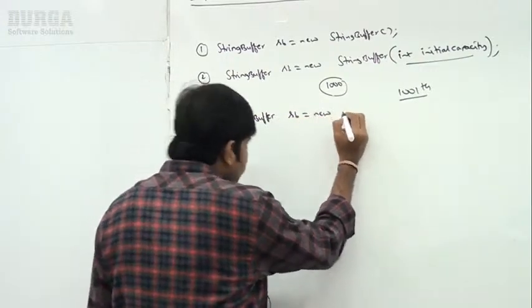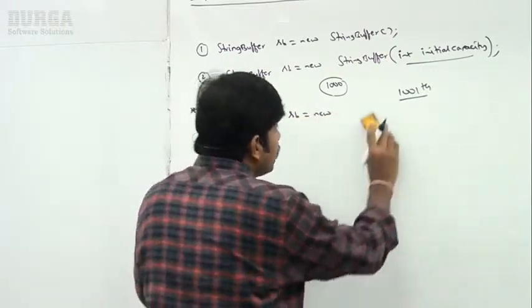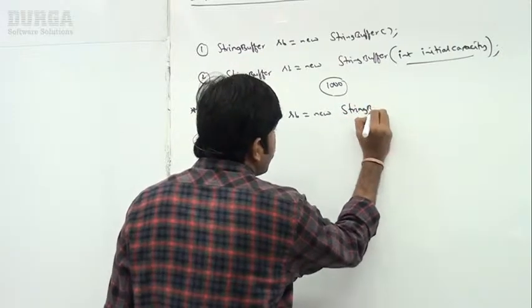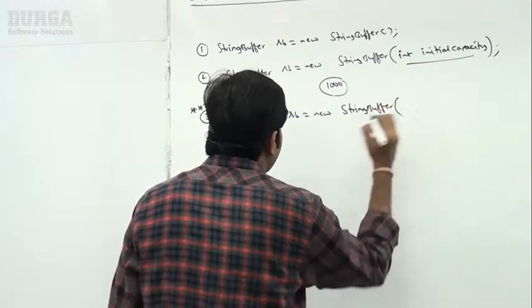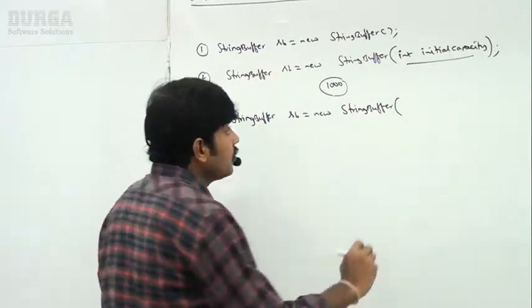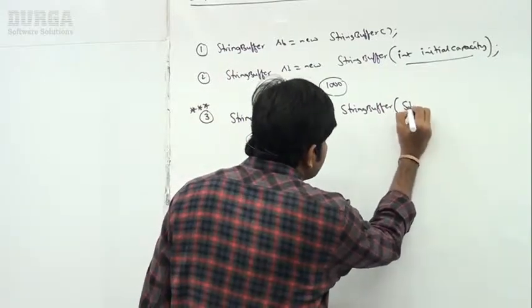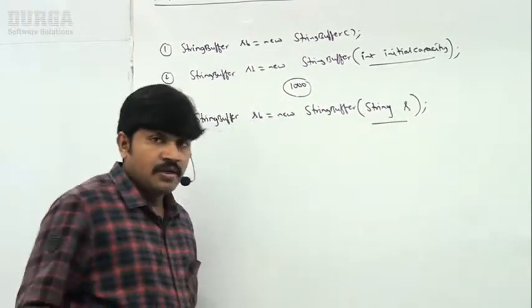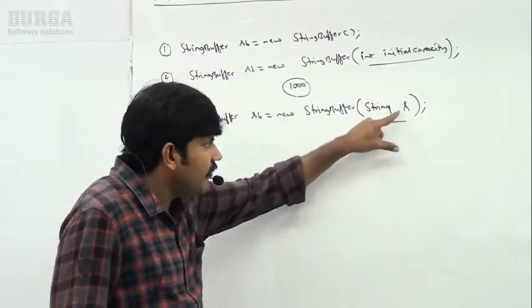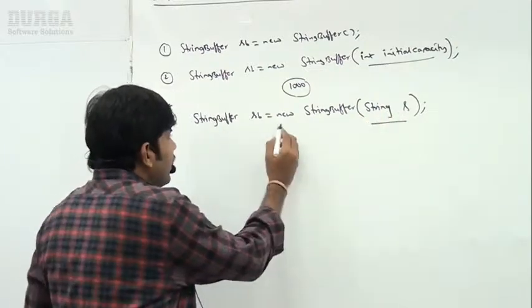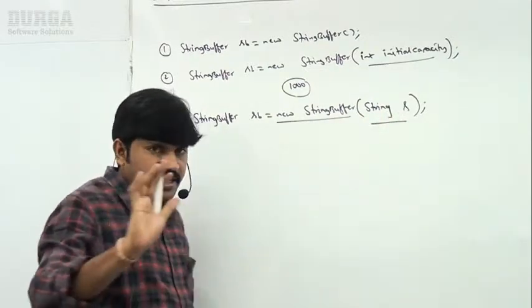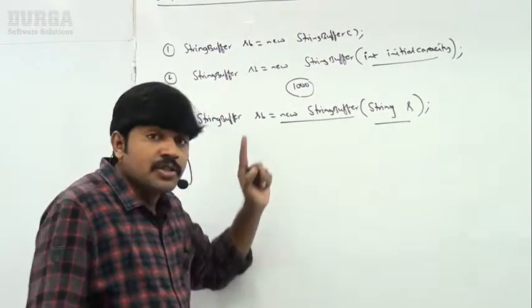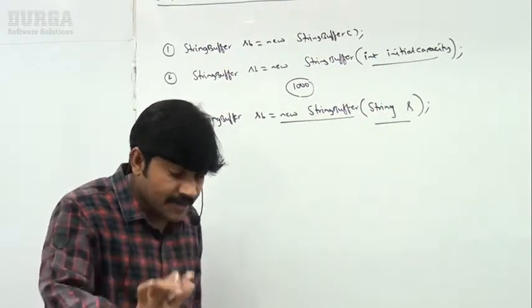StringBuffer sb = new StringBuffer(String). Sir, now for the given String, an equivalent StringBuffer will be created. Are you getting it?